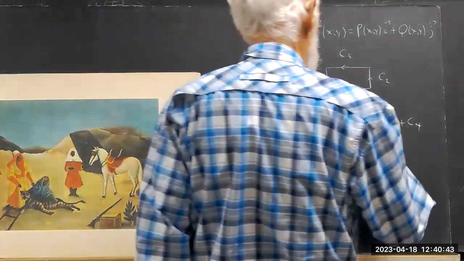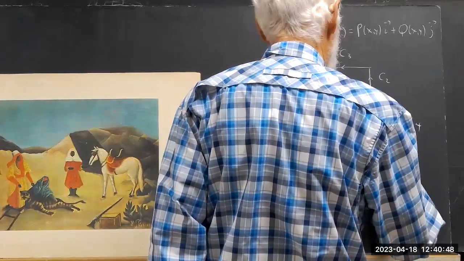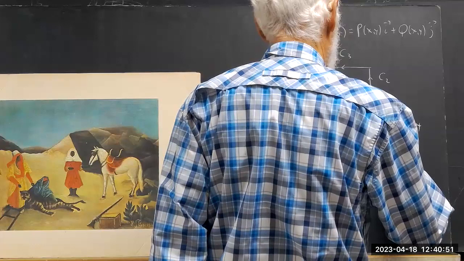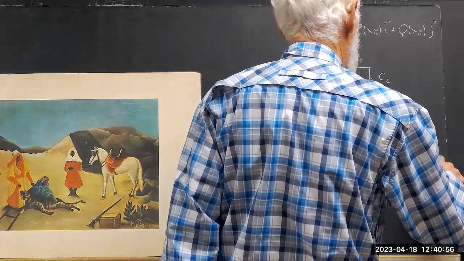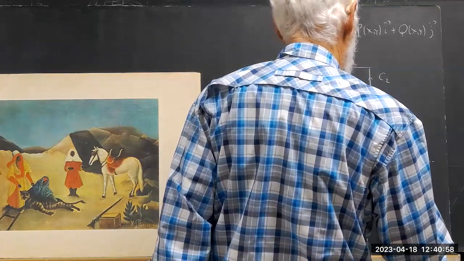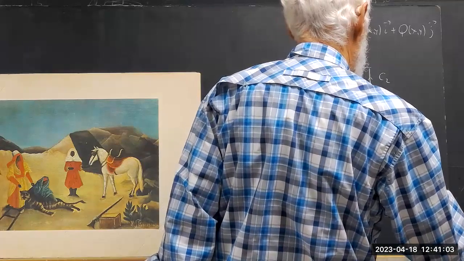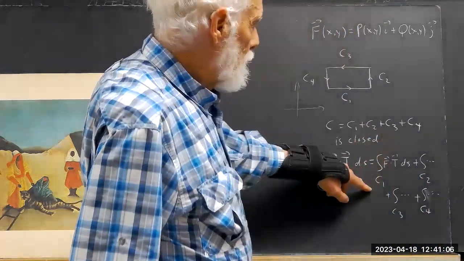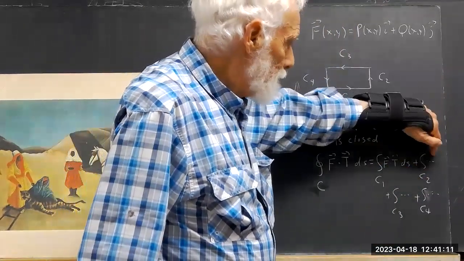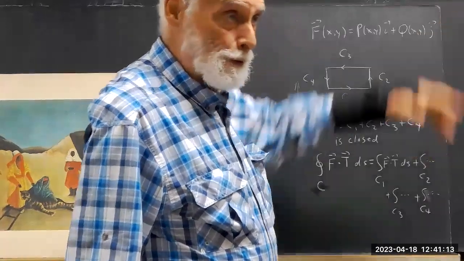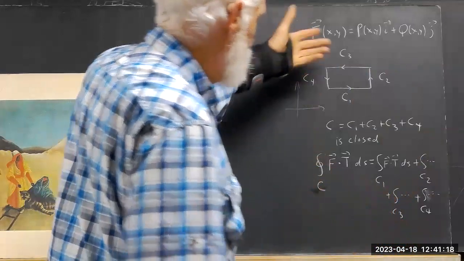And of course, this is equal to the integral over C1 of F dot T ds plus the integral over C2 of F dot T ds, and so on. But we're going to do it individually.